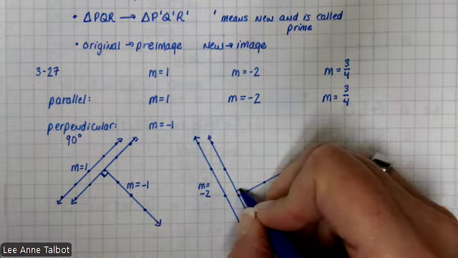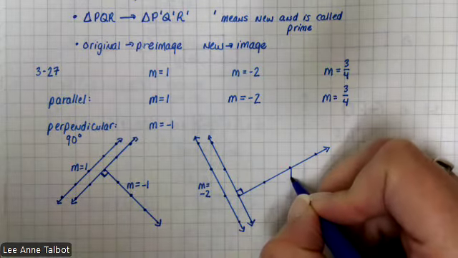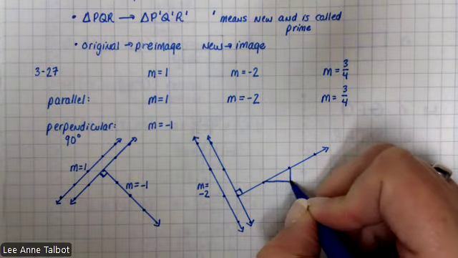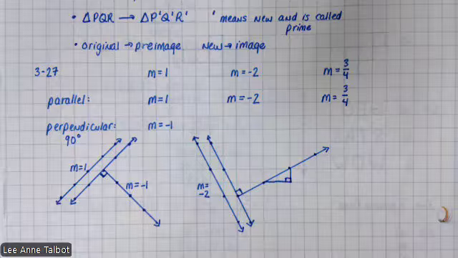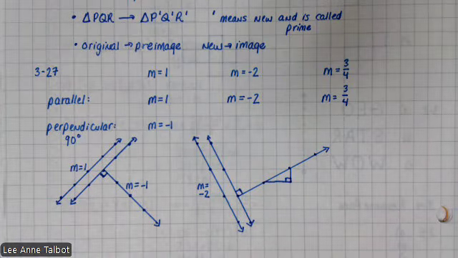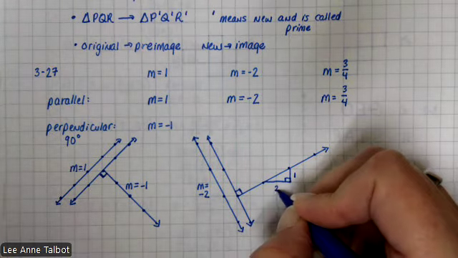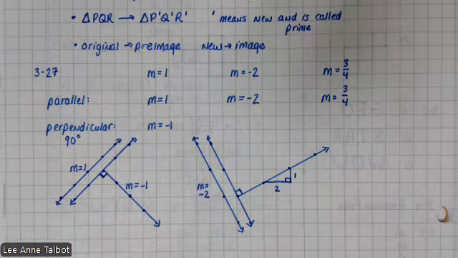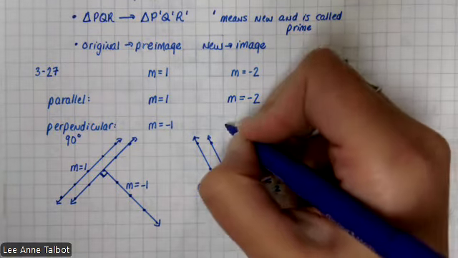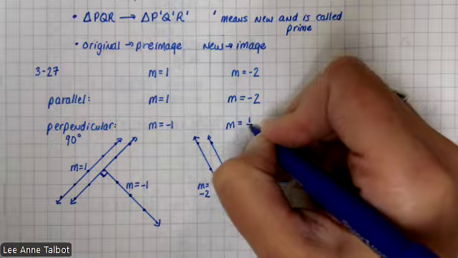Put in your 90-degree angle. Okay, and then I'm actually literally going to throw in a slope triangle here because I want you to see what the slope is on this one. So this is 90 degrees. Rise of one, run of two. So my slope is 1/2.